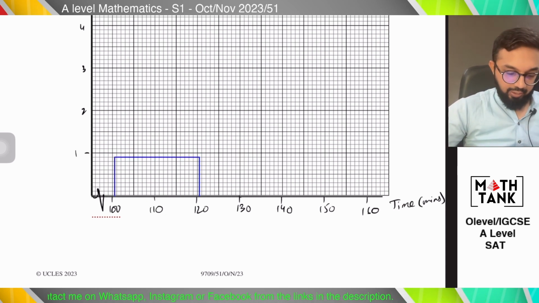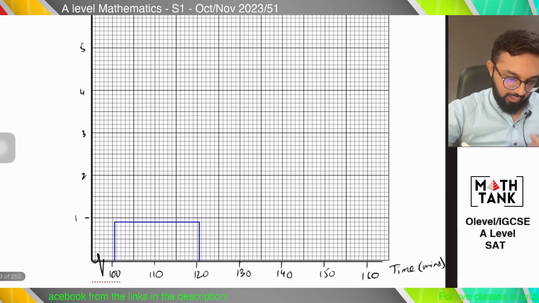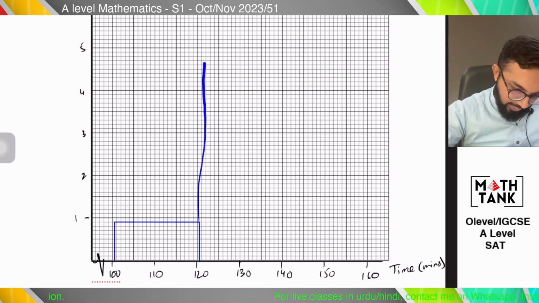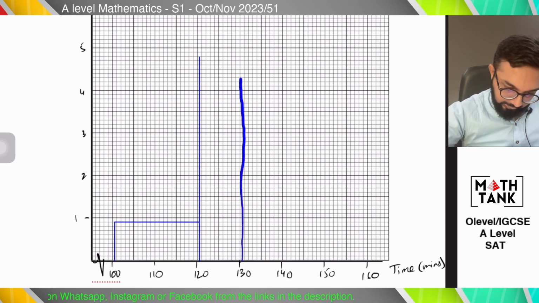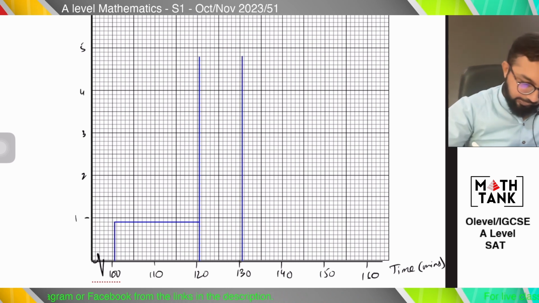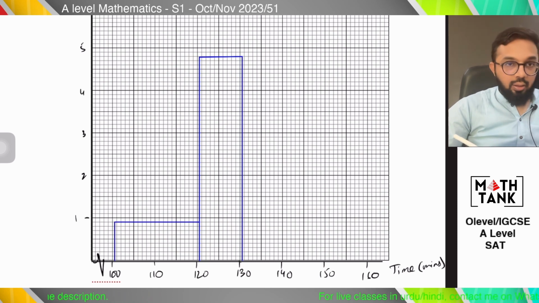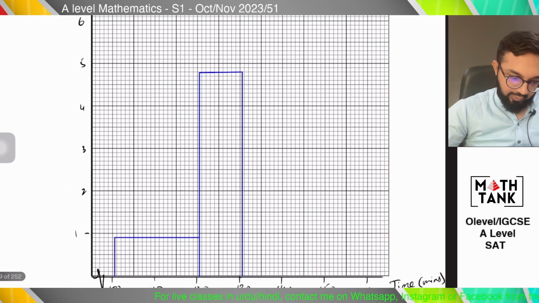Then from 120.5 to 130.5, I want to go to 4.8, so let's stretch this to 4.8. Then to 135.5, and I have 6.8.